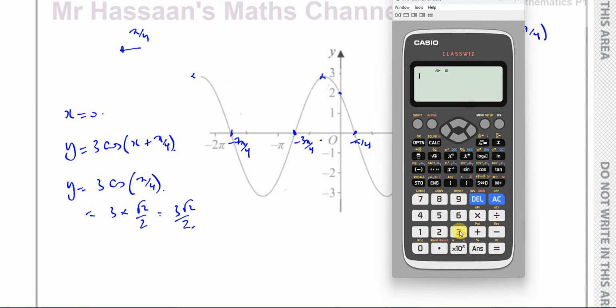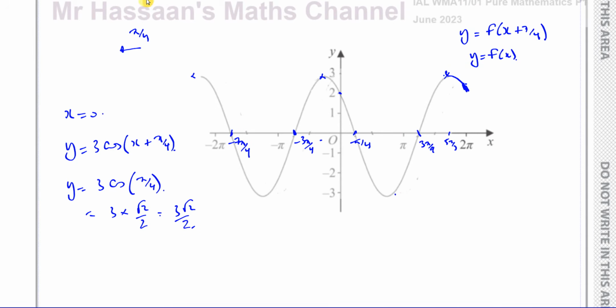Okay, so let's see what that gives us. 3 times root 2 over 2 gives us 2.12, so it's just over 2, actually. So this point here is just above 2.